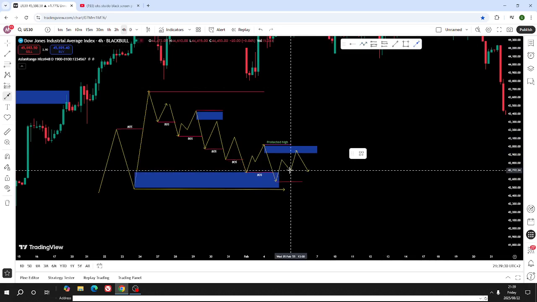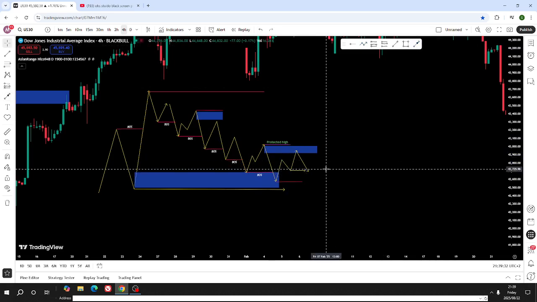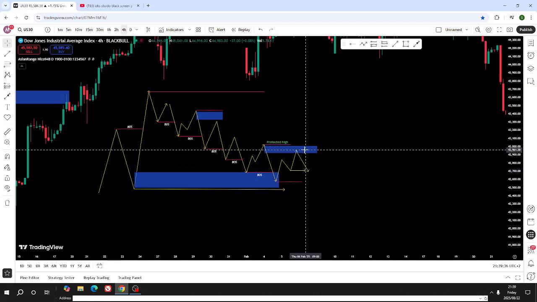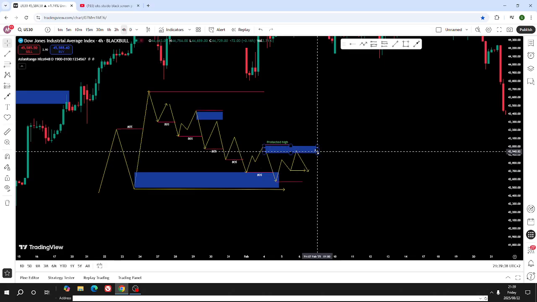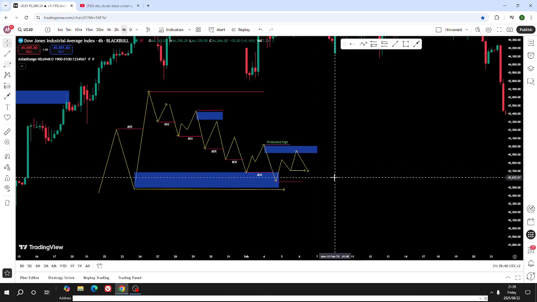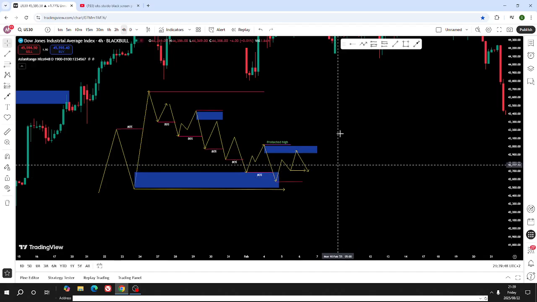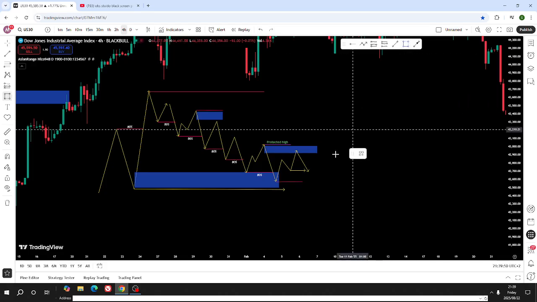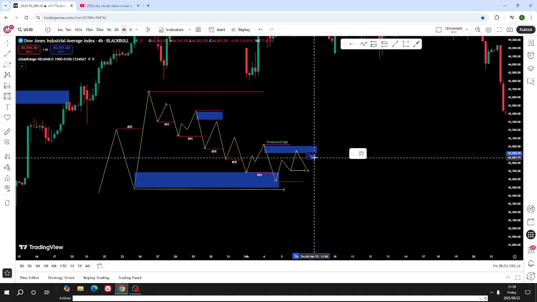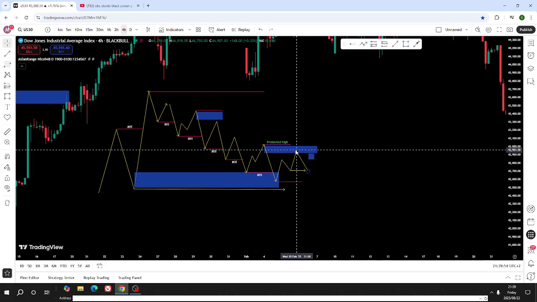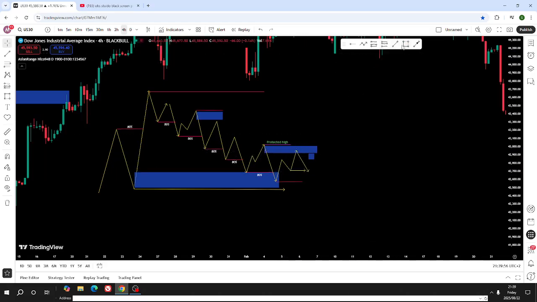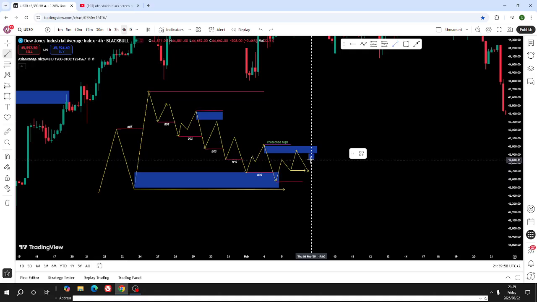If the market sweeps this low, we already know that our demand area, this supply, is going to be a weak supply, because we have a sweep of a low right after its mitigation. Meaning that on the high time frame you will see some sort of this kind of order block, which is mitigated, came down. You will see this kind of candlestick.